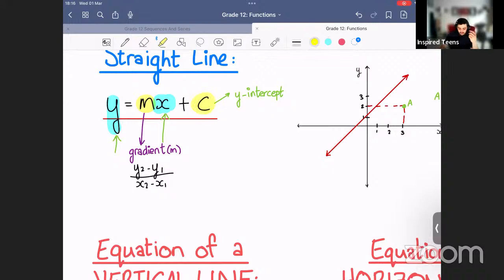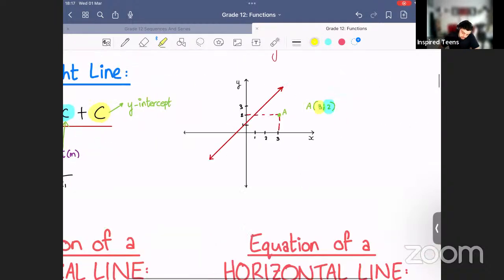So m and c are values that you need to solve for in order to have your equation. X and y, if you put a value for x, you're going to get a value for y. If you put a value for y, you're going to get a value for x. So these are important key things to note in a straight graph. Now, we have two types of straight graphs.